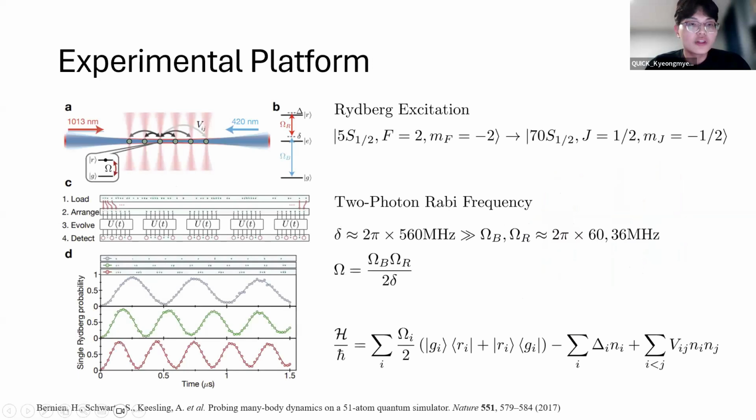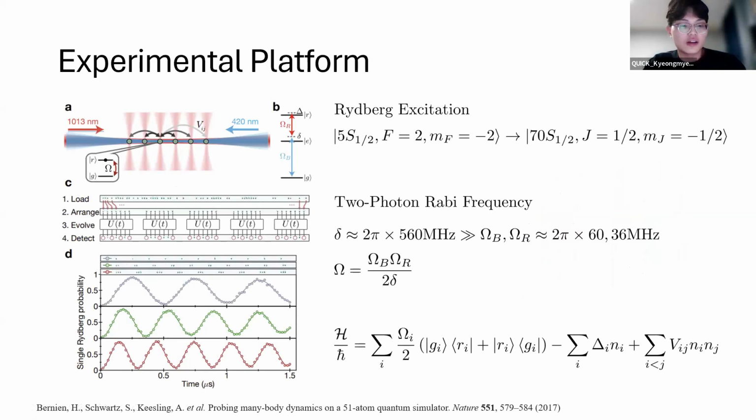Now, with this Hamiltonian, we can experimentally implement the quantum simulator on the chain of Rydberg atoms. Individual rubidium atoms are trapped using the optical tweezers, which are the red vertical beams, and they're arranged into defect-free arrays by some assignment algorithm.